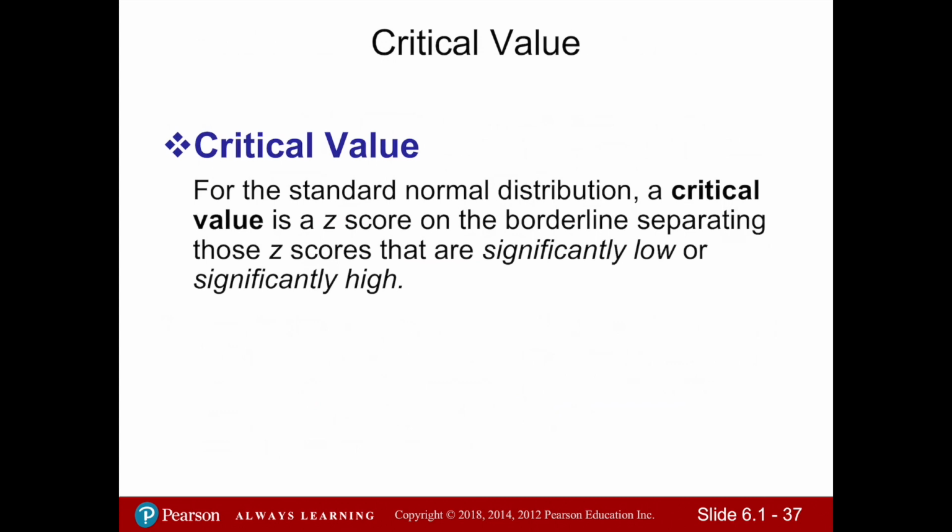What we're actually being asked to compute is this idea of a critical value. And the critical value for a standard normal distribution is a z-score on the borderline separating things that are either significantly low or significantly high. And so in practice, finding the z-score from a known area is finding these critical values.